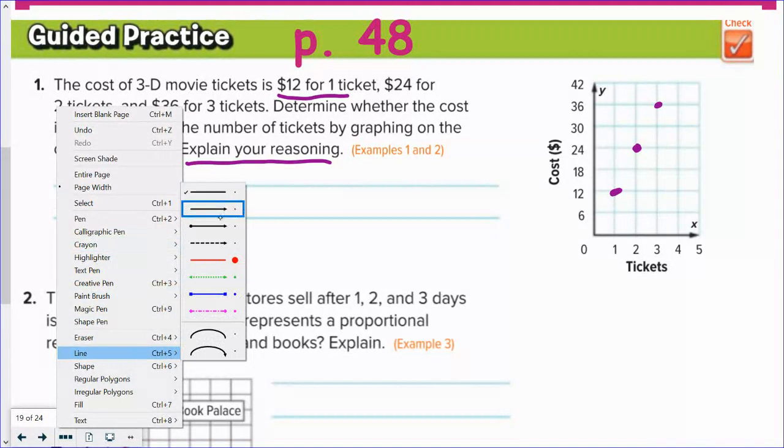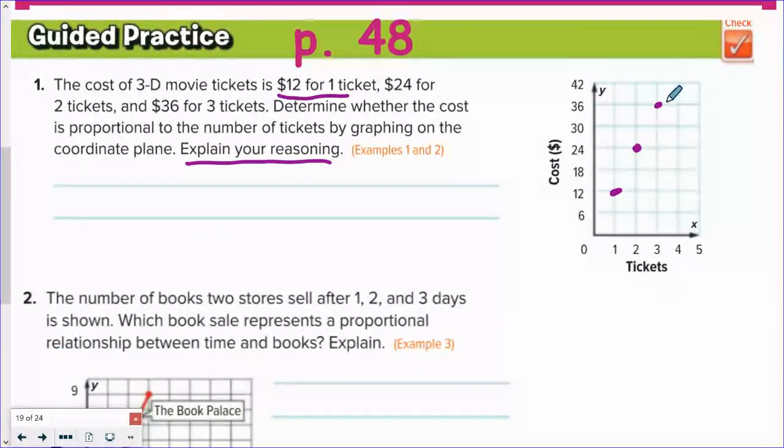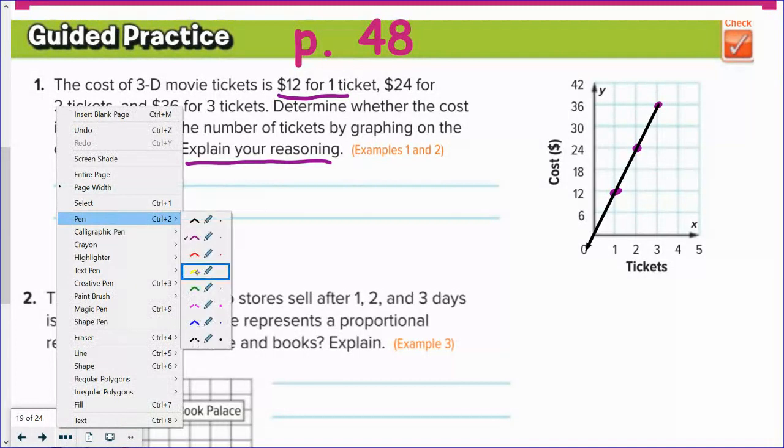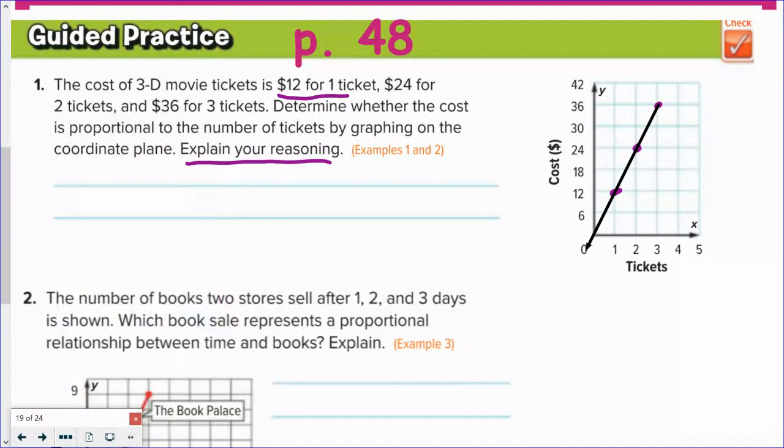If you're doing this on paper, try to use some type of straight edge. Notice I go through all three points to make sure it's straight, and I just keep extending it. That is how we know that yes, it is proportional.